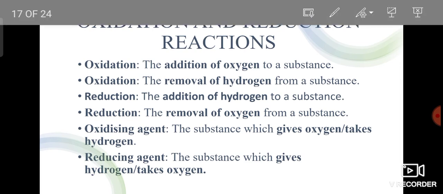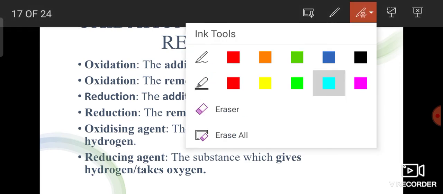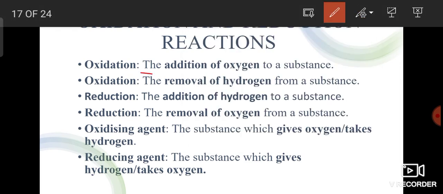Now you can see over here it is written. Addition of oxygen is oxidation and removal of hydrogen is also oxidation. So either a substance is taking up oxygen, then it is getting oxidized, or a substance is losing hydrogen, then even it is getting oxidized.